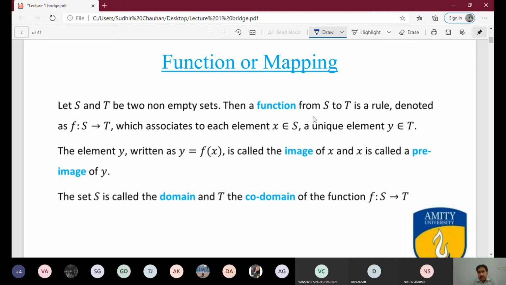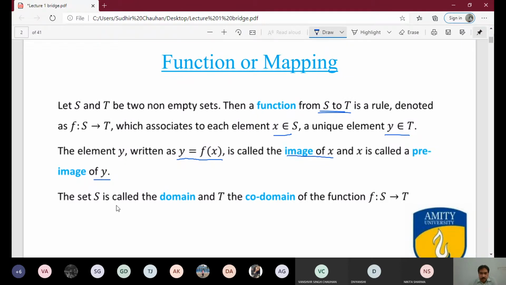Then a function or mapping from S to T, denoted by f: S to T, is a rule which associates to each element x belonging to S a unique element y belonging to T. So the element x belongs to S and y belongs to T. This element y, written as y = f(x), is called the image of x, and x is called a pre-image of y. The set S is called the domain and T the codomain.